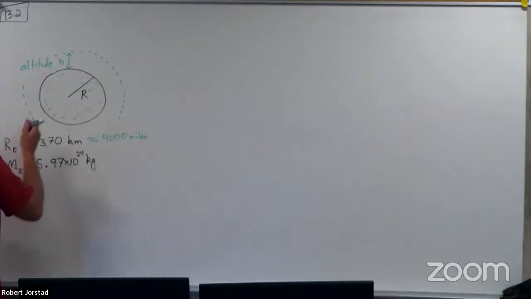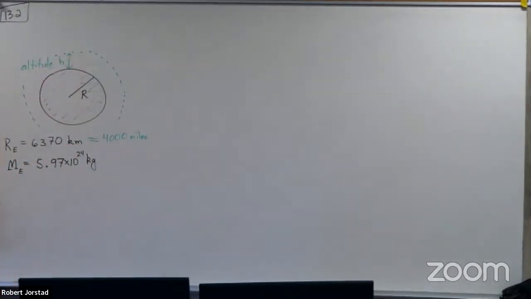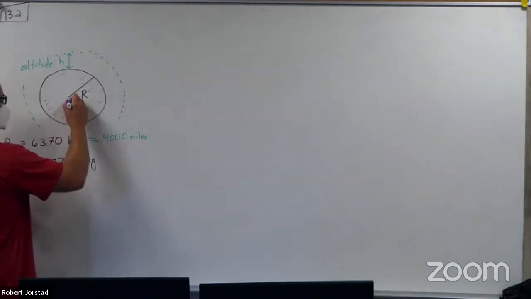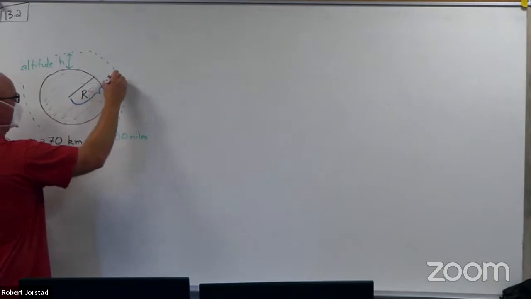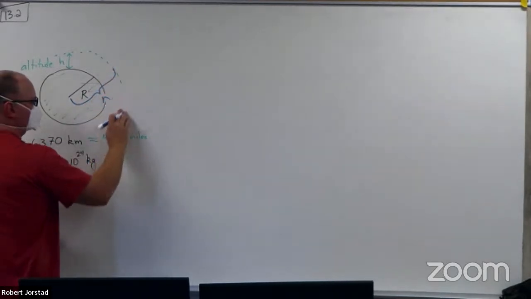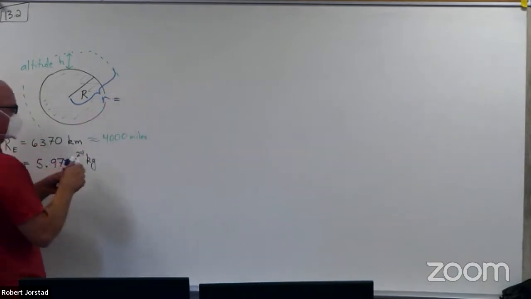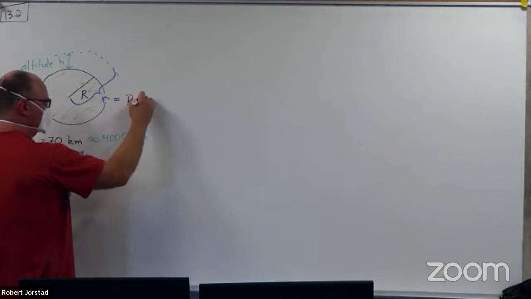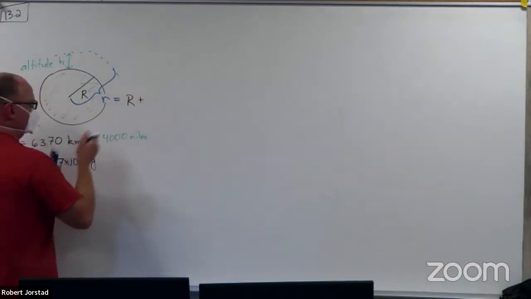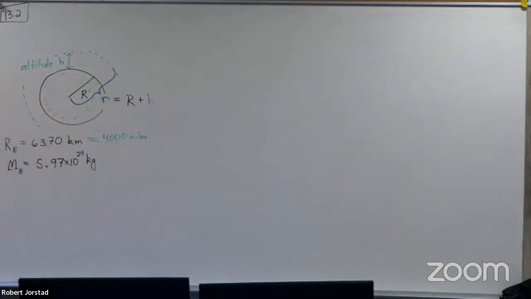Just to be clear, that's an h, not an n. Sorry, that's so crappy. Well, in this case, notice the radius here. Sometimes you'll see me say little r is equal to r plus h, where h is the altitude.